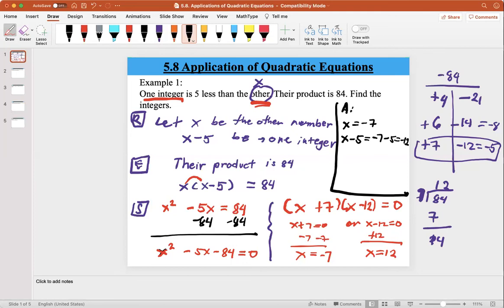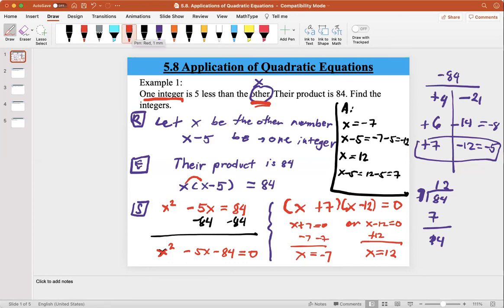Now what if x is equal to 12? What is our x minus 5? Remember that your x is 12, so plug in. We have 12 minus 5, you have 7. So there are two sets of answers. Let me write here the two sets of answers.